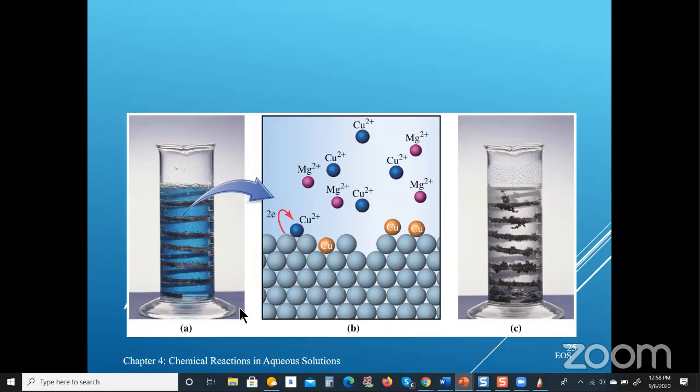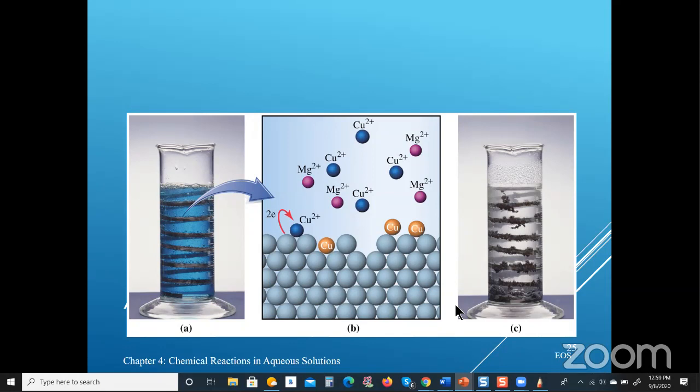At the same time, you're going to see a deposit appearing on whatever is left of the magnesium. The copper metal is what is being deposited.